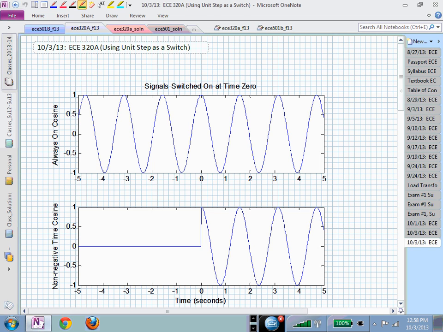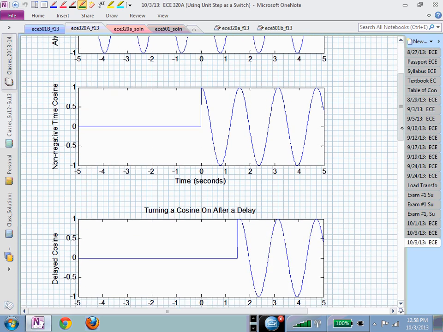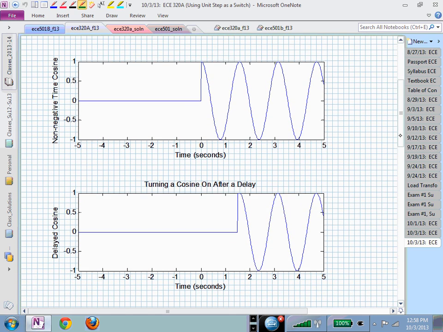What if I now take that cosine of 4t and I delay it by 1.5 seconds? Or I don't turn it on until, so I have cosine of 4t, but now I want to turn it on at 1.5 seconds.